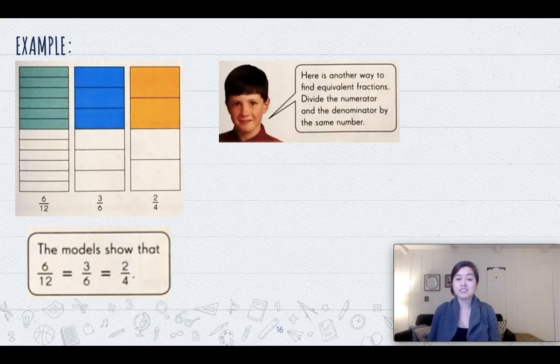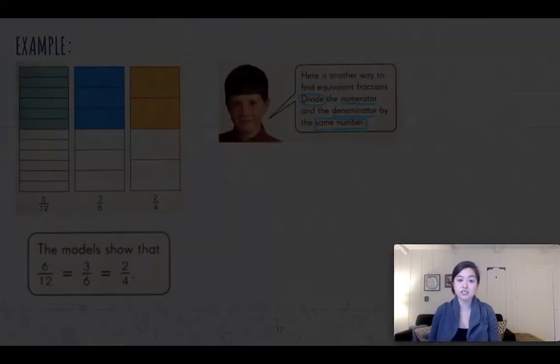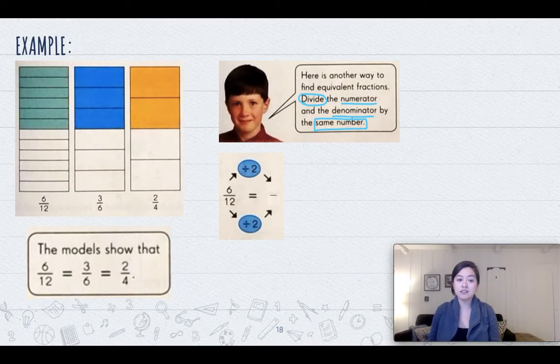But there is another way to show equivalent fractions besides models. Let's use division. Let's divide the numerator and denominator by the same number to also get an equivalent fraction. Look at this example here.